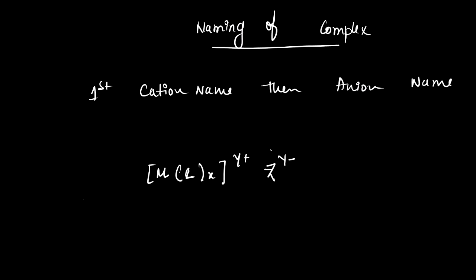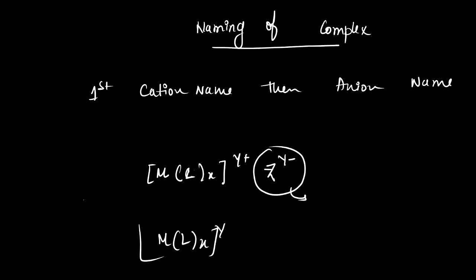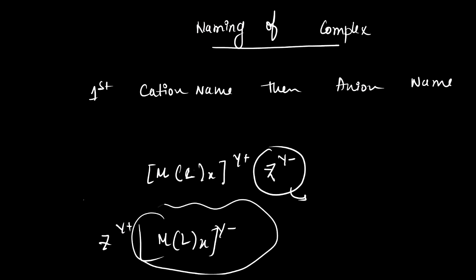As this ionization sphere is anionic, its name will come later. If it looks like [ML_x] y negative, along with an ionization sphere Z y positive, here the name of the complex will come later and the name of the ionization sphere cation will come first.